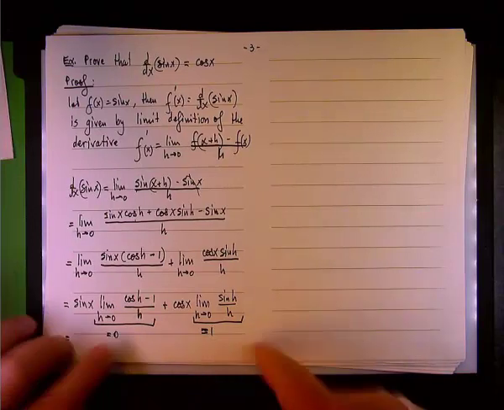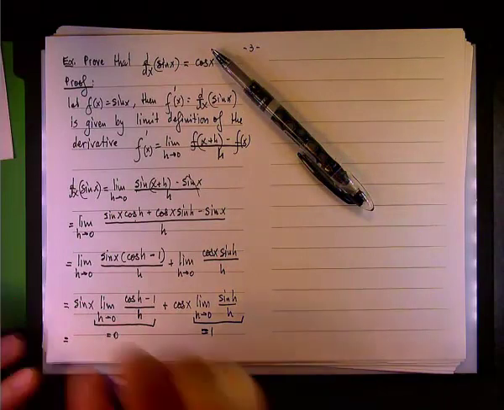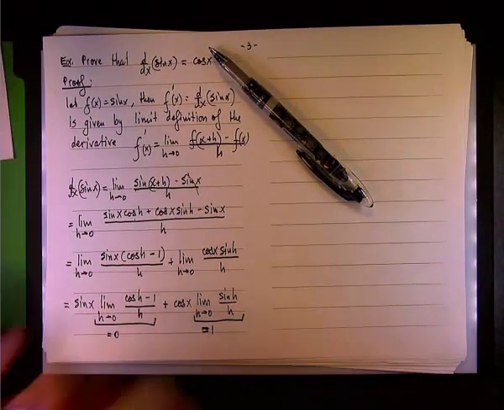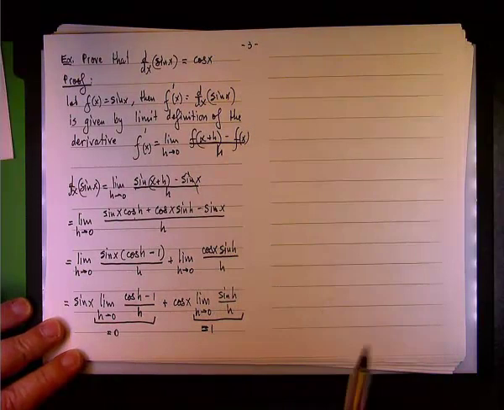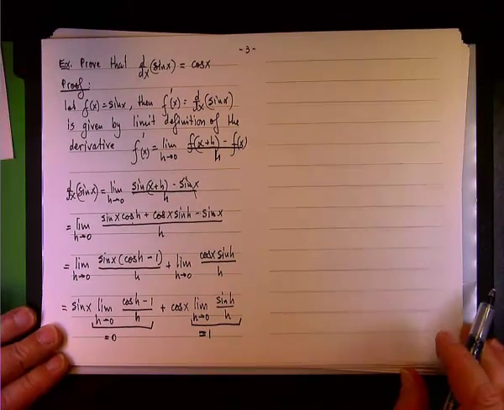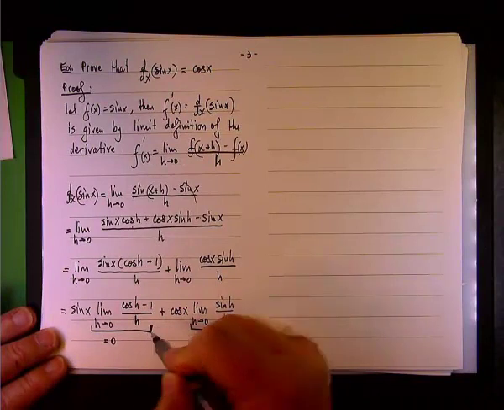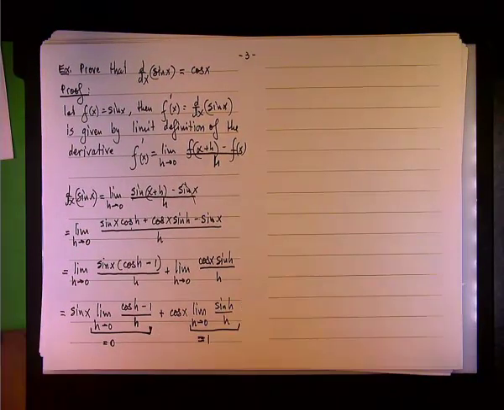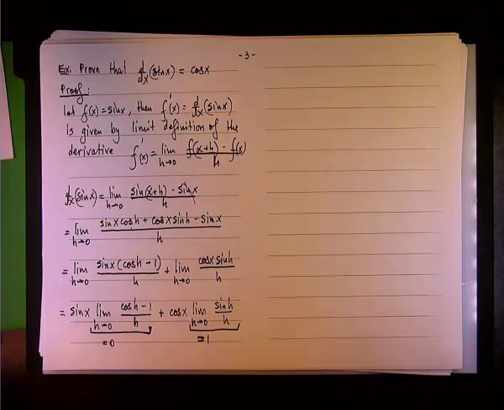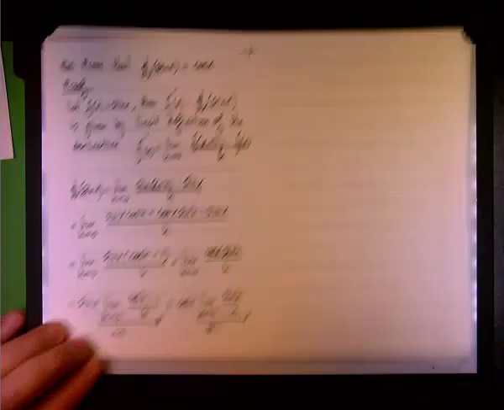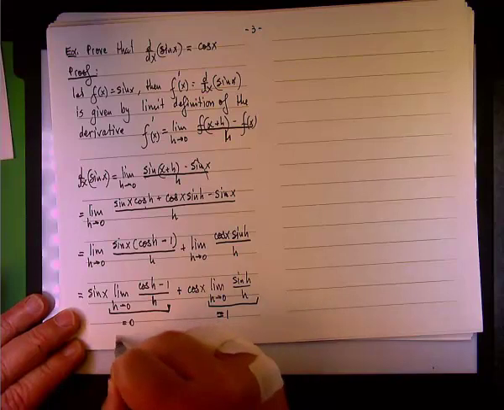We talked about the limit of sine of x over x when x goes to 0, and we realized by looking at the table or the graph that it equals 1. Similar to this, we're going to say that this one equals 0 and this limit equals 1. Proof of these two will come later. I need to take you a little bit farther down into calculus 1 to prove these two statements.